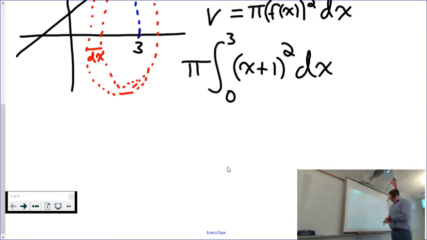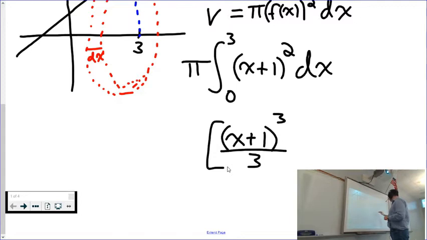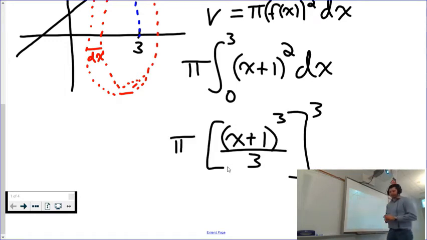If you either imagine doing a u substitution or actually do a u substitution, du is equal to dx, which allows me to integrate it like normal. It allows me to get the antiderivative right away. So x plus 1 cubed over 3, from 0 to 3. So this is doing a u sub without actually doing a u sub.